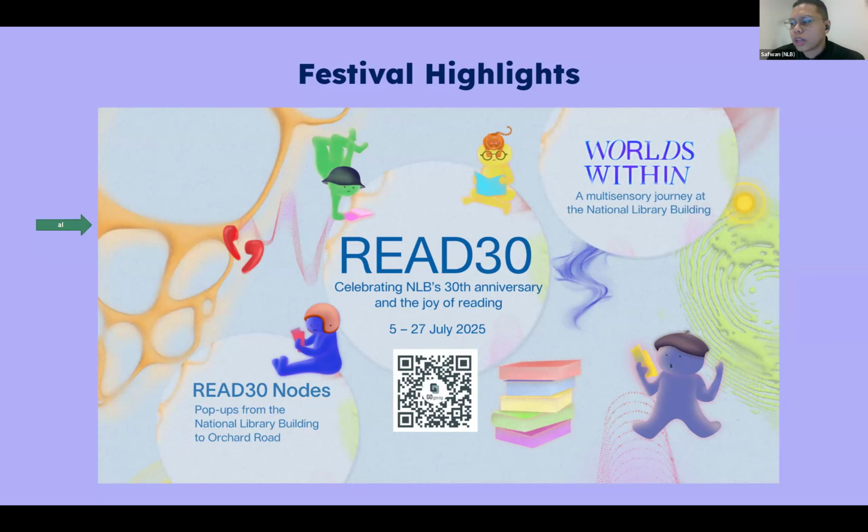You can explore curated book recommendations from 30 Singaporean personalities at pop-ups stretching from the National Library all the way to Orchard Road. You can just join us here and also scan the link provided in the chat box.